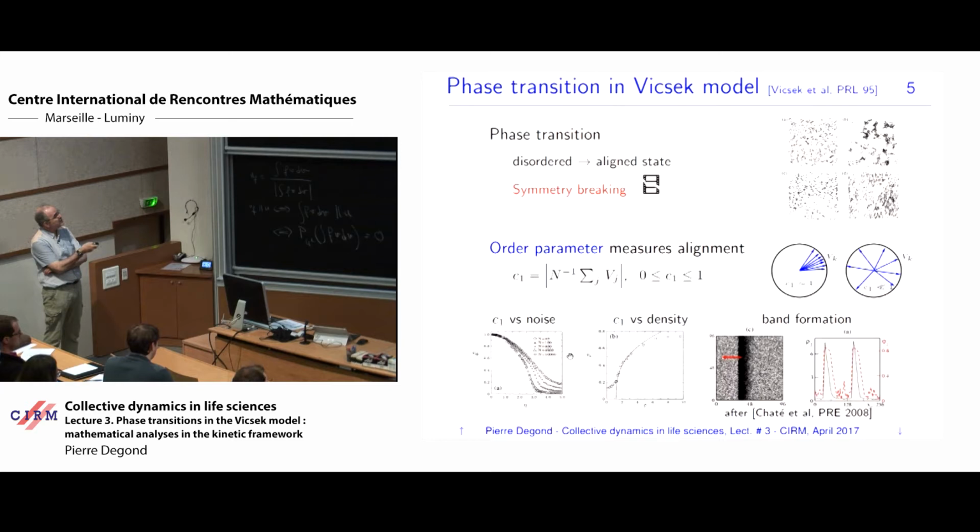There is one picture where you can see the order parameter as a function of the noise intensity. You see that for large noise, the order parameter is almost 0, and then you get to some critical value, and then all of a sudden the order parameter increases and reaches 1 when the noise is very small.